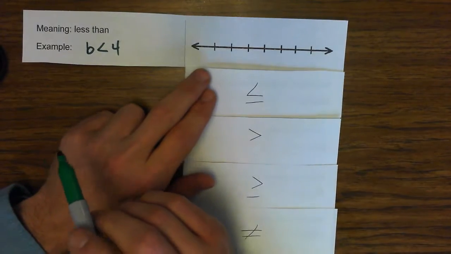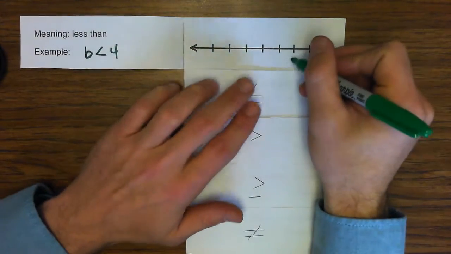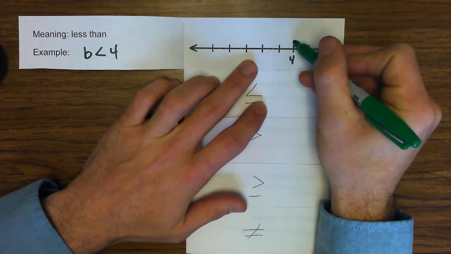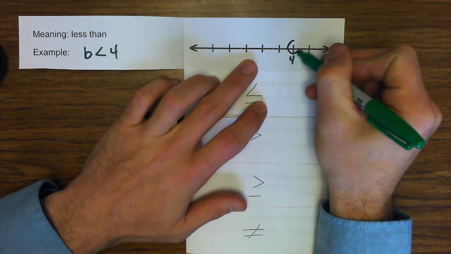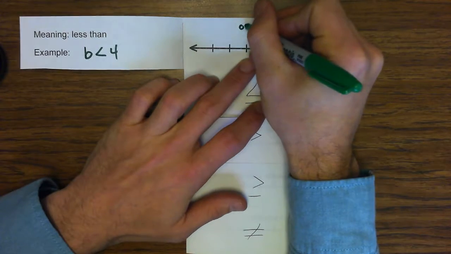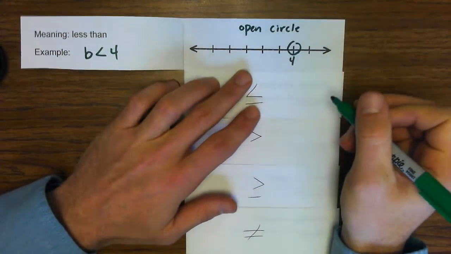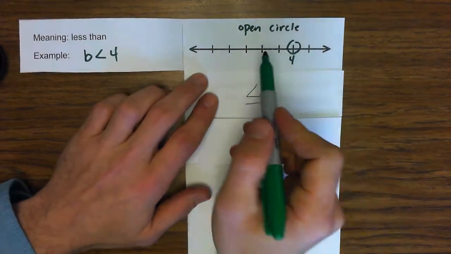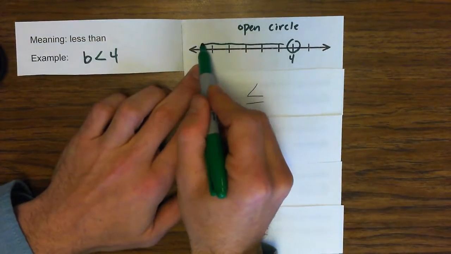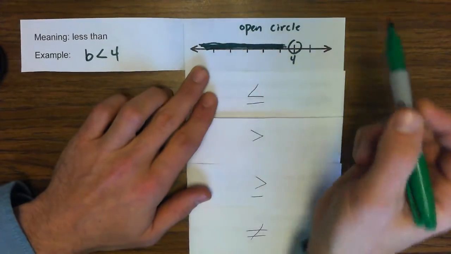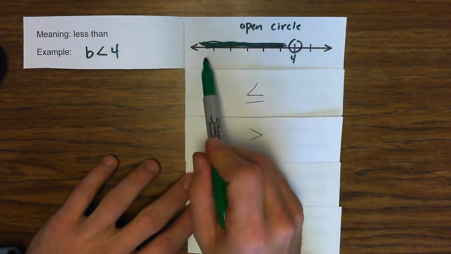What it would look like on a graph would be, you have a 4 here. You draw an open circle. And then the number that you want is going to be on this side of the number line, because we know that it's less than 4.